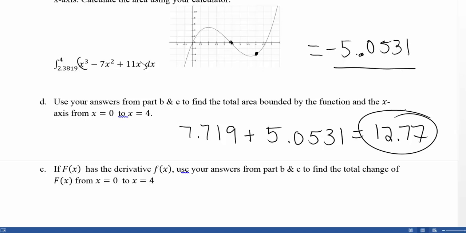We have two ways to do this. We can take our answers from Part B and C, which is what I have here, and I can add them together in the form that we got them from our calculator. So 7.719 plus negative 5.0531. And when I add those together, I'm going to get approximately 2.6659.